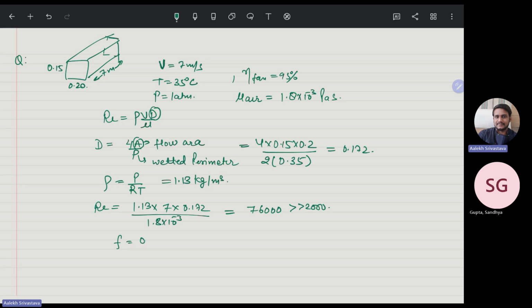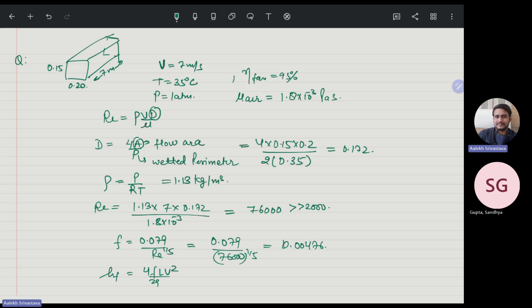Therefore, friction factor is 0.079 divided by Re raised to the power 1 by 5. So it is 0.079 divided by 76,000 raised to the power 1 by 5. And if you solve, you will get a friction factor of around 0.00476.